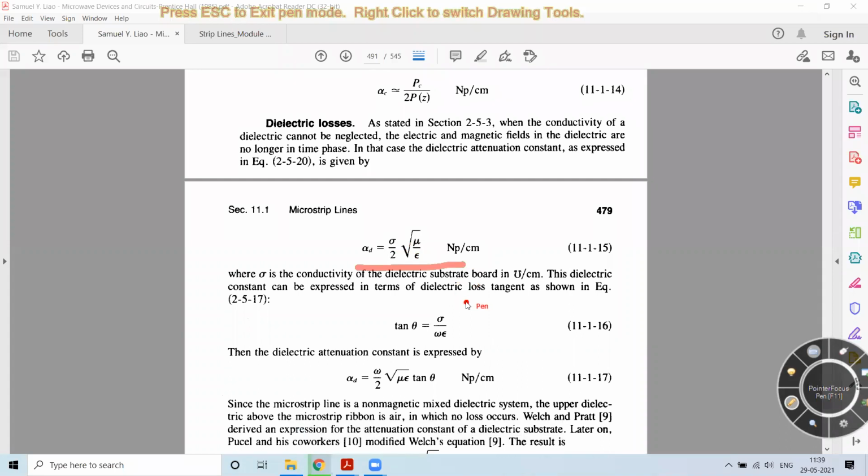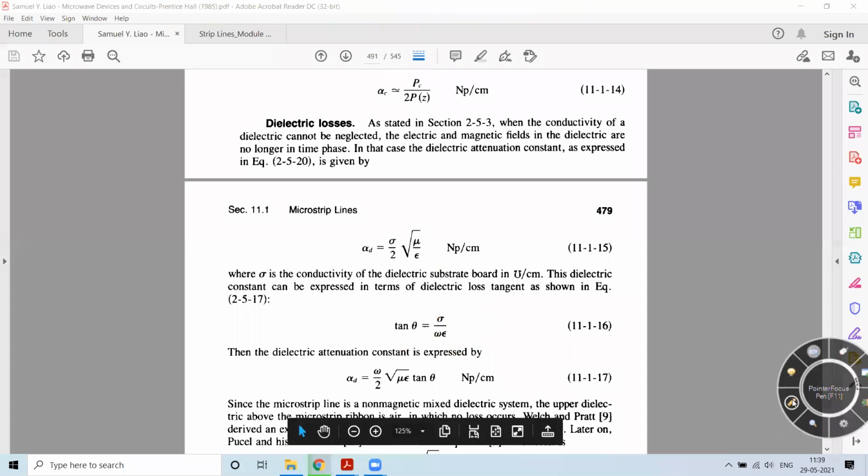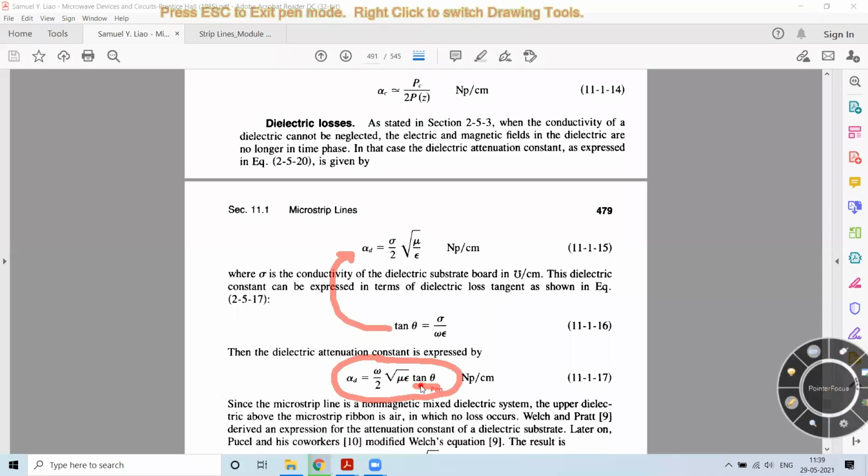Then we have another parameter, the loss tangent specification, wherein we use this representation: tan theta is given by sigma by omega epsilon. When we substitute these parameters in this equation and simplify it, we obtain alpha d in terms of omega, mu and epsilon, and the loss tangent. Again, the loss tangent includes all these parameters: conductivity, the frequency in radians, then the permittivity.